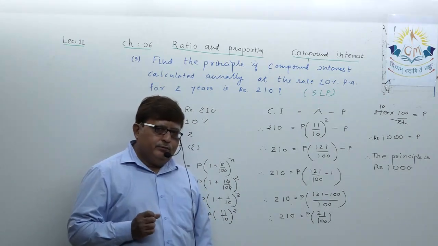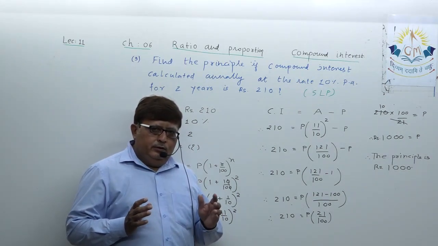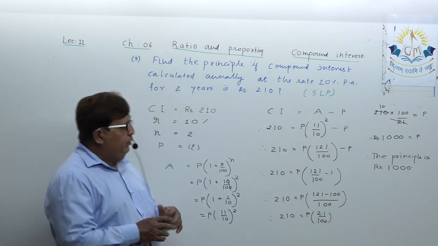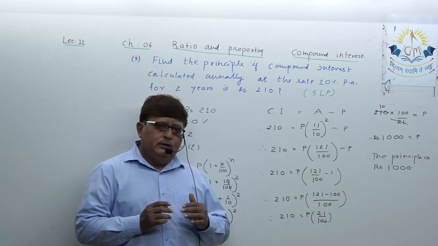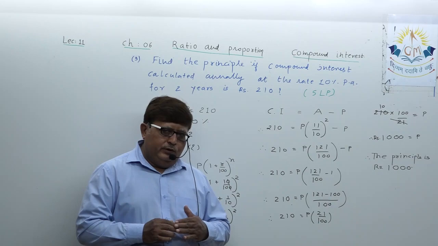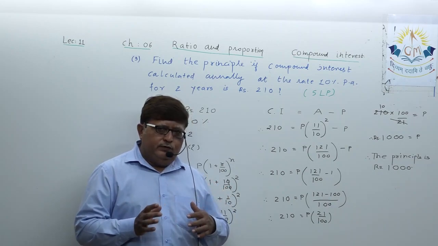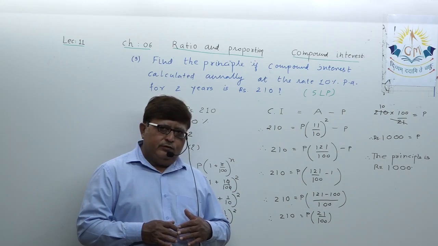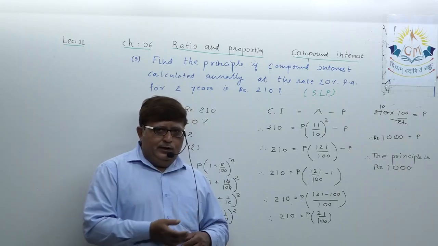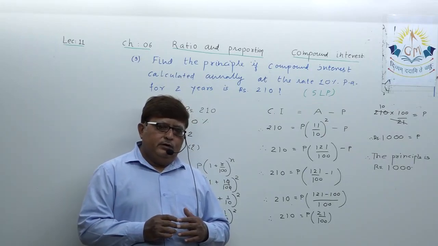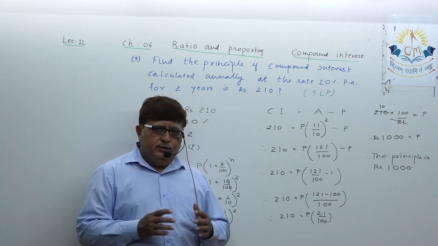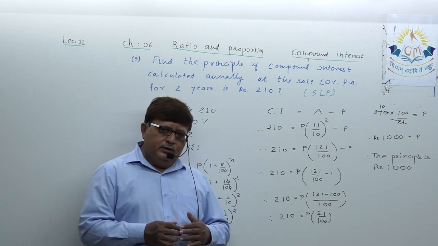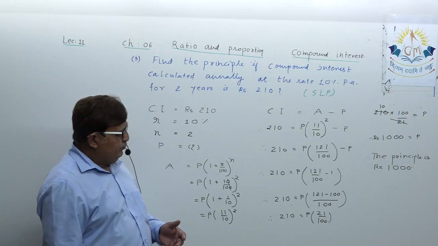So dear student, in today's lecture our target was to understand a little different example where we are looking for finding principal. Understand, in the last two examples we were given R and N, and here we are given not the amount but CI, compound interest. Understand?